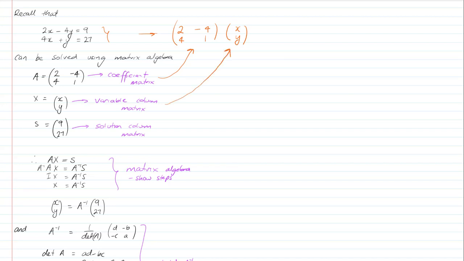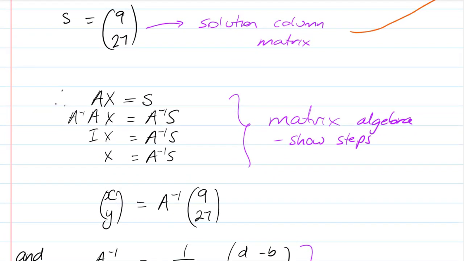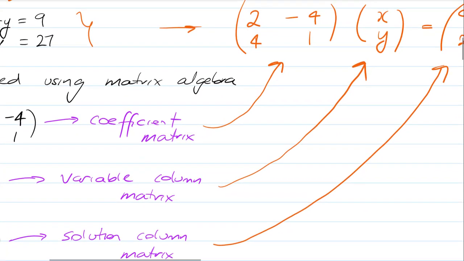Notice here if I expanded that out, I would get the actual left-hand side of the equations, and this is equal to 9, 27, which is the solution matrix. So we can do that change there. Once we've defined A, X, and S, we get this equation, which is a linear equation for matrices: AX equals S.